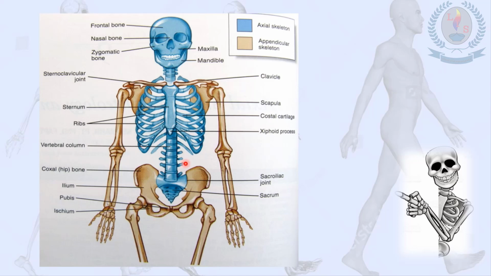Let's try to understand these bones from this diagram. This is the axial skeleton. The parts of the axial skeleton are the cranium, vertebrae, sternum and rib cage.